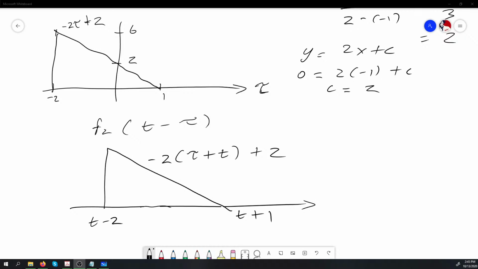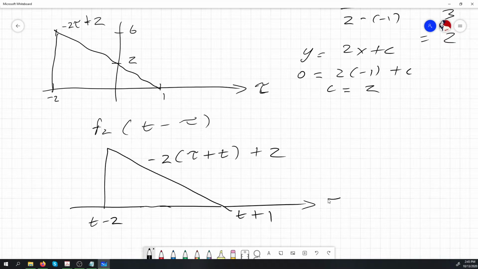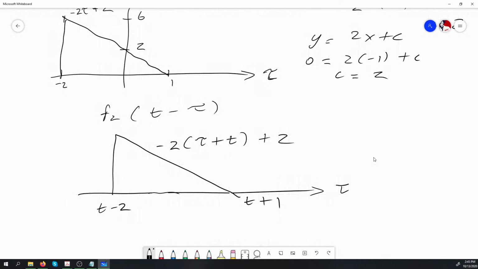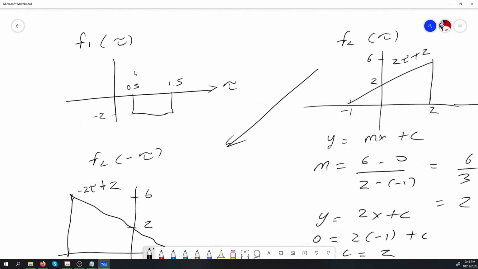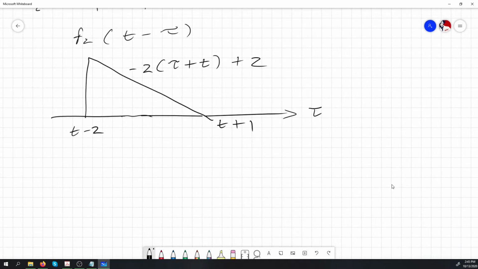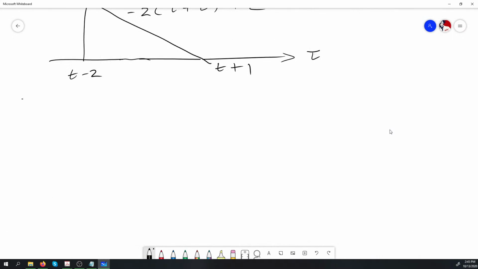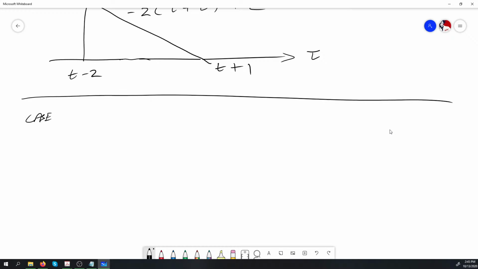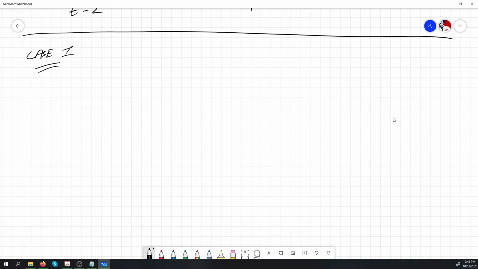Alright, so now that we actually have our f2 of t minus tau graph here, and we have our f1 of tau graph here, we can actually start our convolution as such. So let's start with case 1. Case 1 would be where we have no overlap between the two signals.